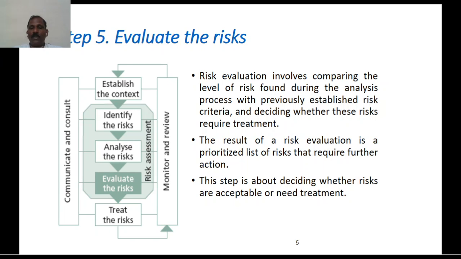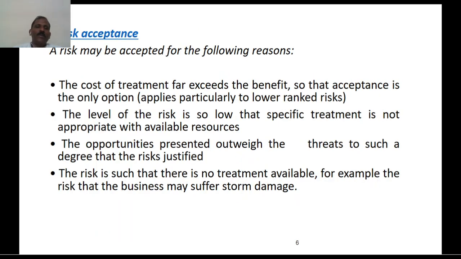This step is about deciding whether risks are acceptable or need treatment. So, risk acceptance. A risk may be accepted for the following reasons. The cost of treatment far exceeds the benefit, so acceptance is the only option; this applies particularly to a lower ranked risk. The level of the risk is so low that specific treatment is not appropriate with the available resources.